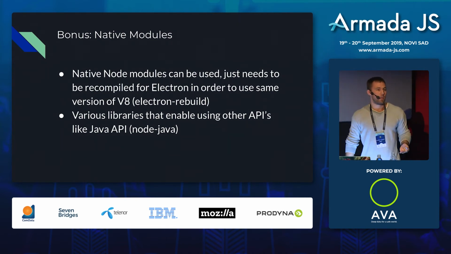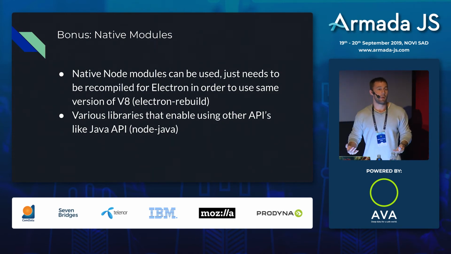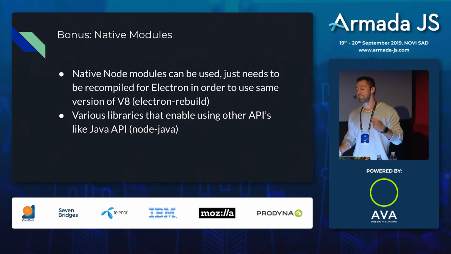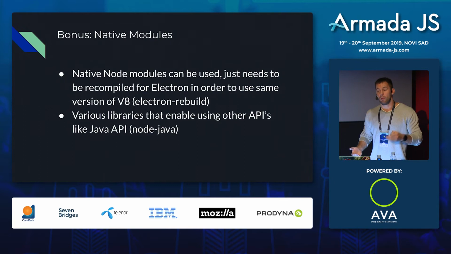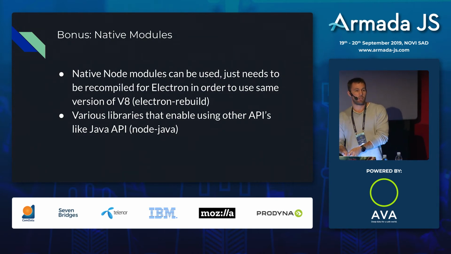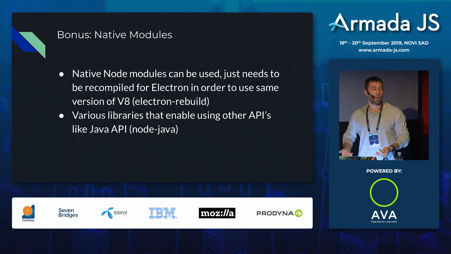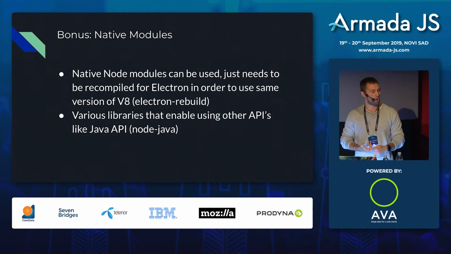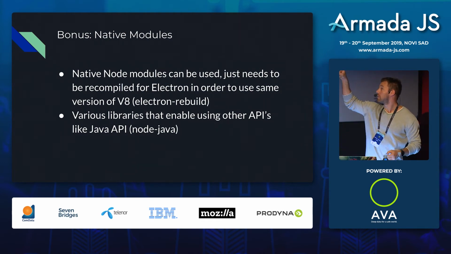What are the problems of Electron? It has some really good points, but it also has some problems. It's not a silver bullet. The biggest problem with Electron is size and memory consumption. When you're building a desktop application using standard regular techniques, you build it and that's it. You don't need to take care of Chromium, V8, and other things that come with Electron.